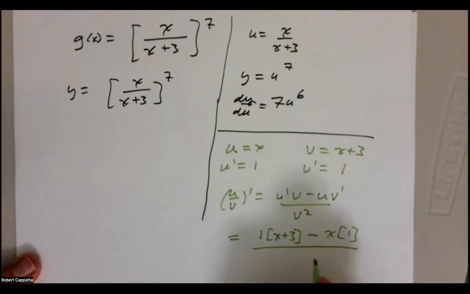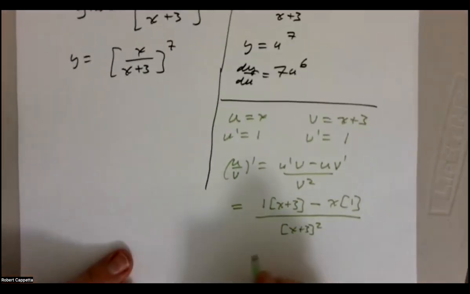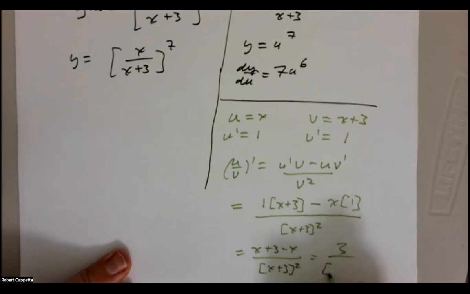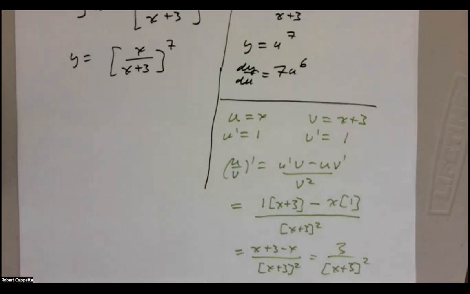What was v? X plus 3 squared. So I get x plus 3 minus x over x plus 3 squared, which is 3 over x plus 3 squared. That is my du dx.